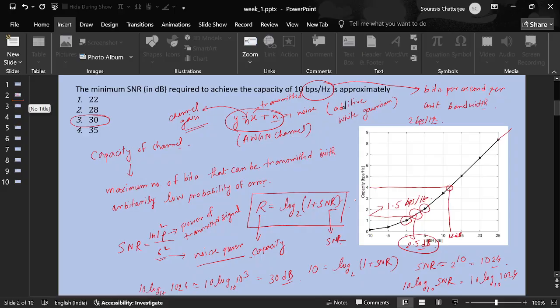So effectively I am saying I can achieve any point here via the use of both adaptive modulation and coding, right? But the question is, if the coding is not there, what are the points we are not able to achieve?